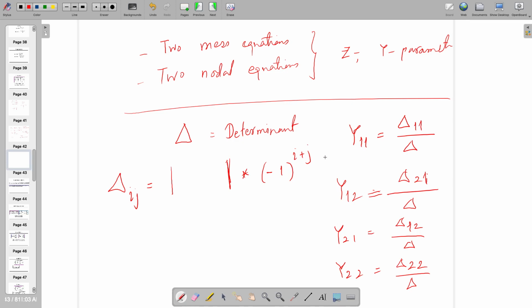So if both the positions are odd, then you multiply by plus 1, or if the sum is odd, then it will go to minus 1.